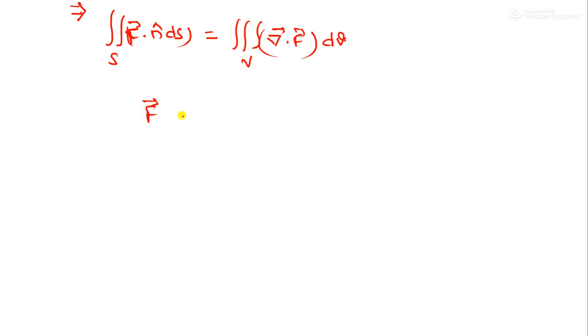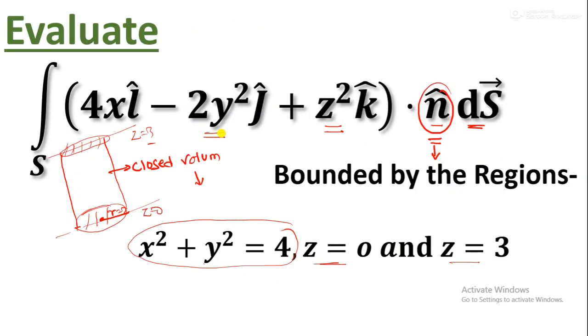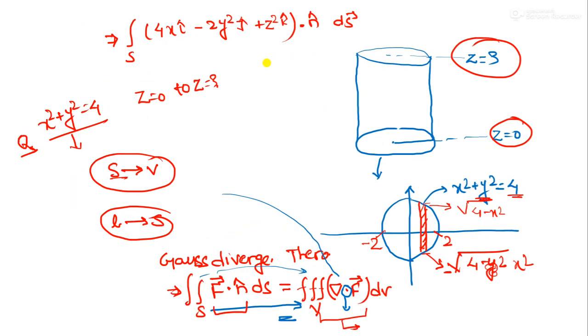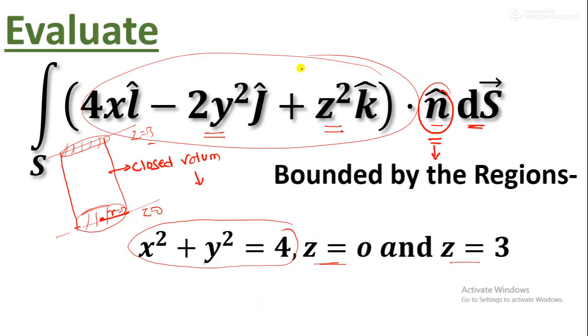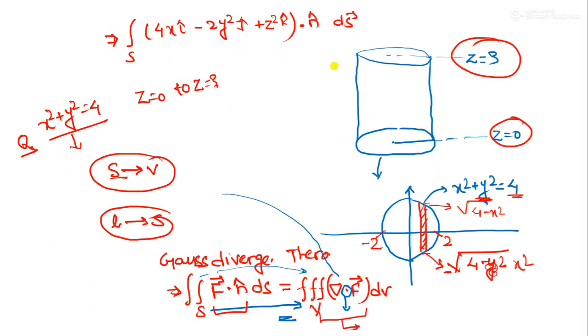The given vector function is F equals 4x i minus 2y square j plus z square k, as it is already given in the question. This is the vector function on which we have to operate. From the question you can also see that this is F dot unit vector n dS, which is of the form of the Gauss divergence equation. So you can proceed by that method.